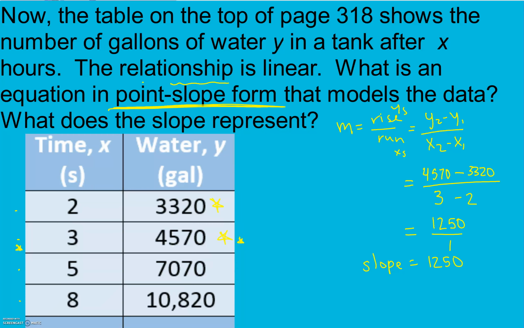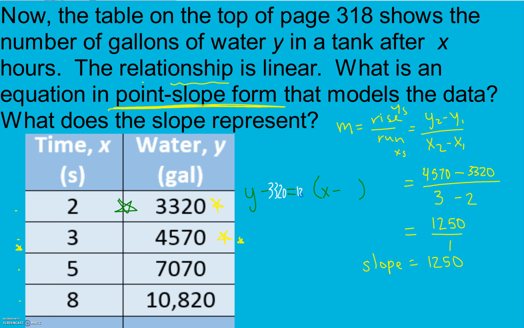I can use any point here. So remember, my framework is y minus y equals slope times x minus x. Does not matter which point we use. I'm going to go ahead and use this one. Again, does not matter which one of these points we use. When I plug that in, my y value, 3320, goes here.